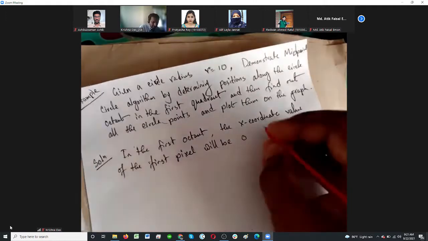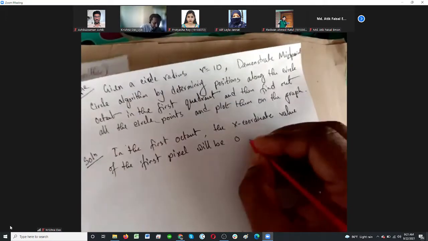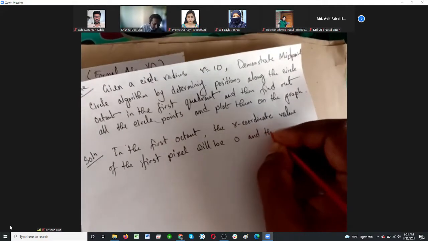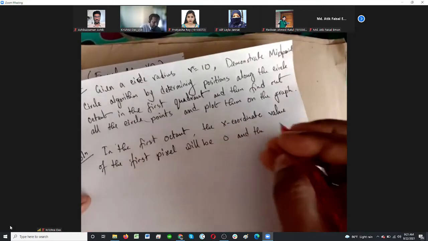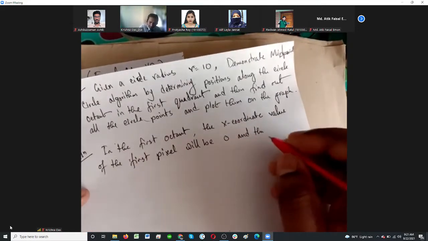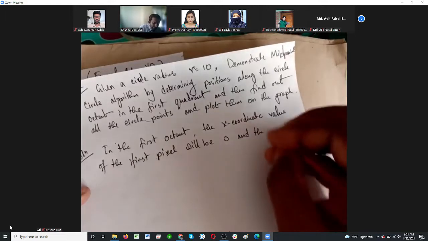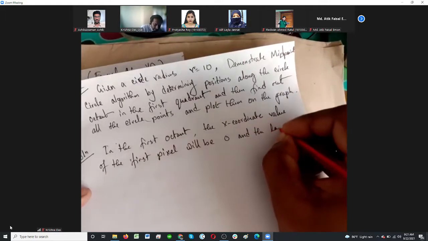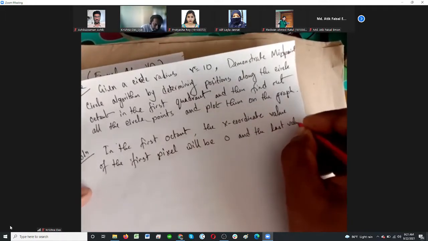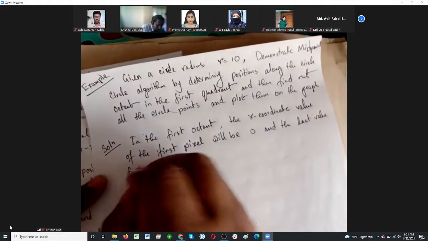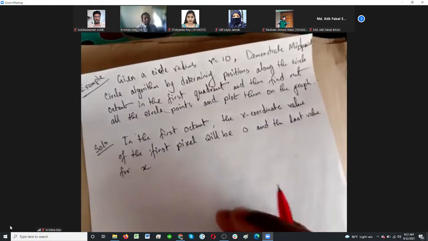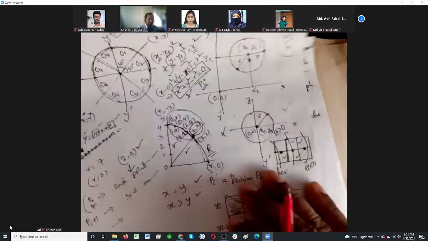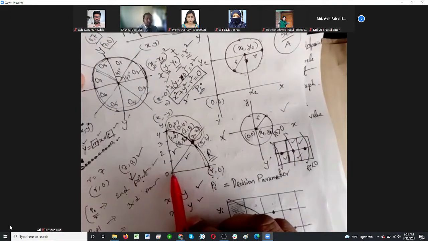And the last value for x, can you tell me what the last value can be for the first octant?